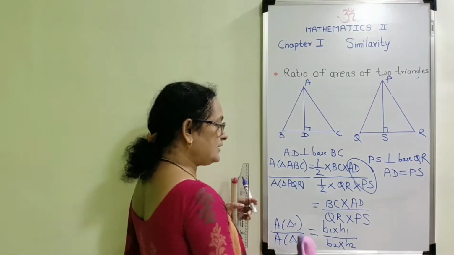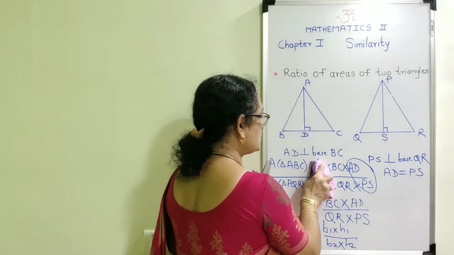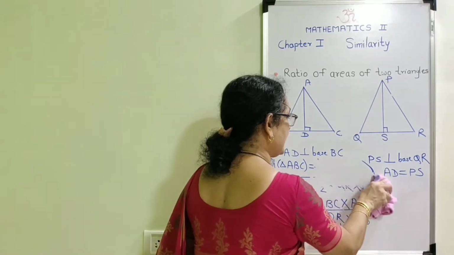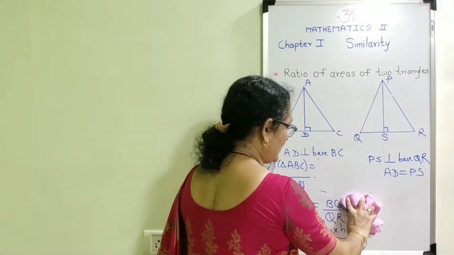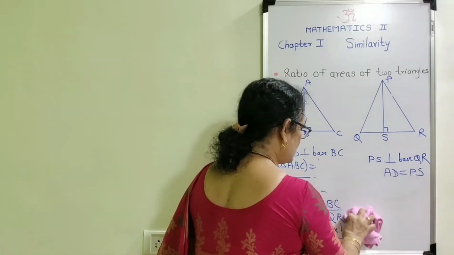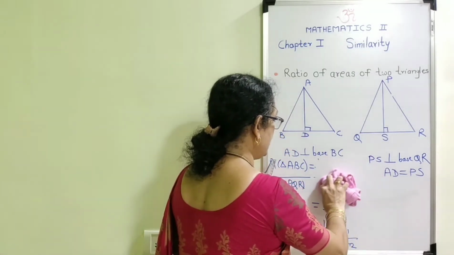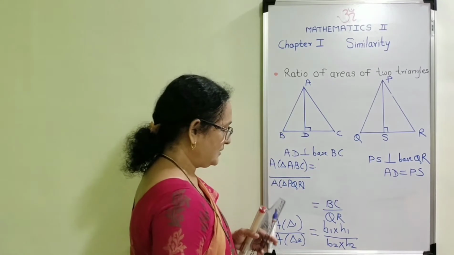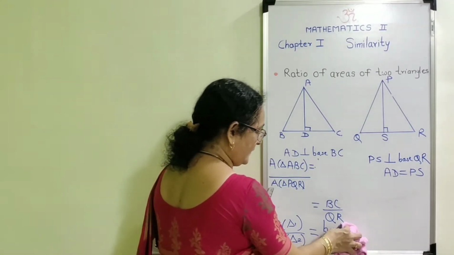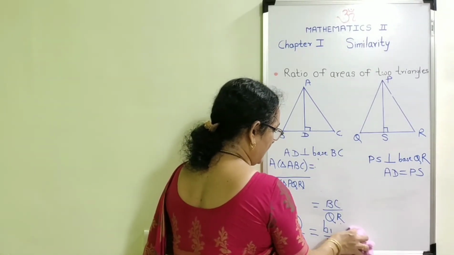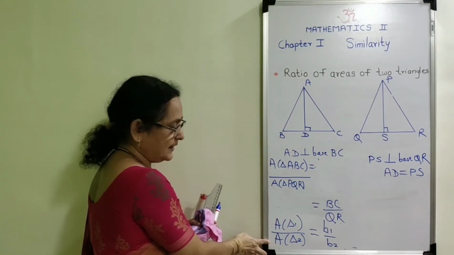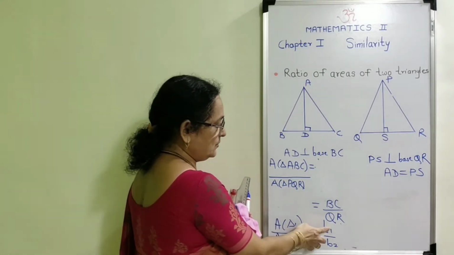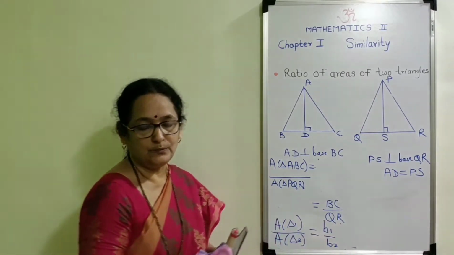That means when you are going to take ratio of areas of two triangles, when their heights are equal, the ratio is equal to the ratio of their corresponding bases only. That means the property is converted into, at that time, the area of triangle 1 is to area of triangle 2 is equal to B1 is to B2.